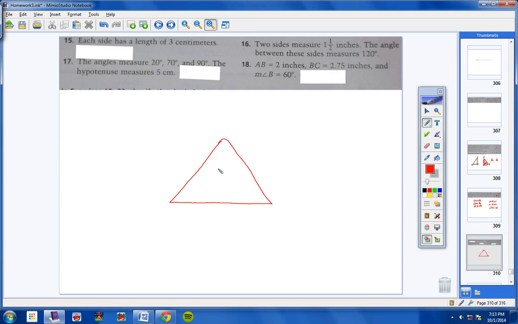And what type of triangle would that be? Well, first of all, it would be equilateral because all 3 sides are congruent. And then secondly, it would also be acute because it's impossible to have an equilateral triangle and have any of these angles be 90 or bigger. It's impossible. Okay, so this is an equilateral triangle, and it's also an acute triangle.